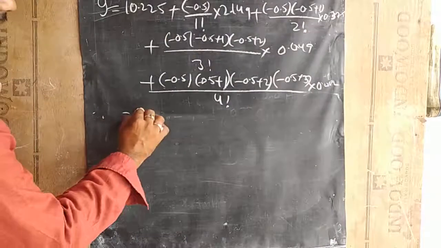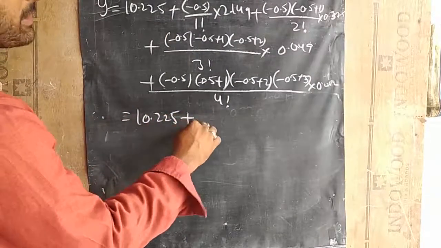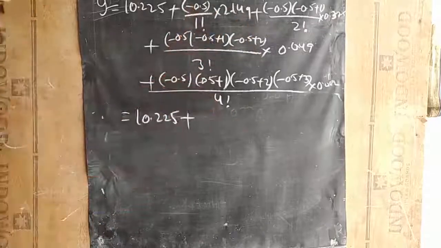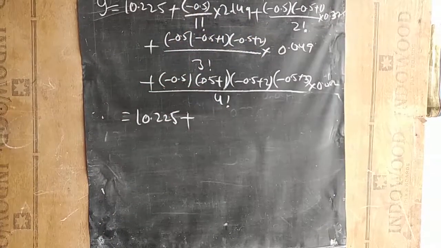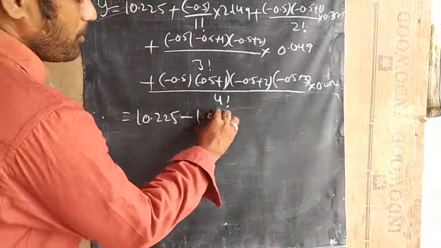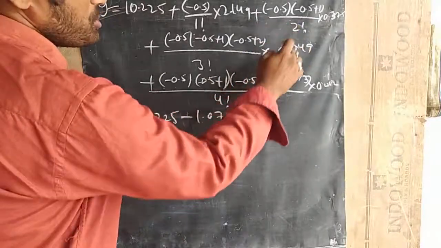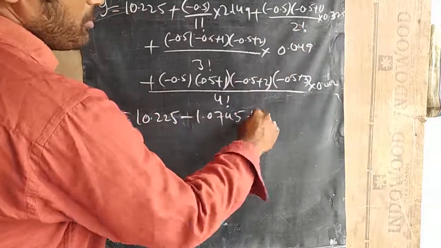So here it will be 10.225 plus, so minus 0.5 into 2.149 will be minus 1.0745. Then 2 factorial means 2, so minus and minus will be plus.